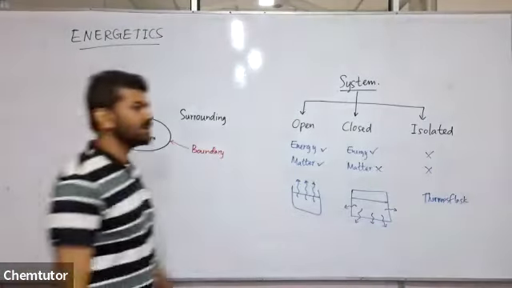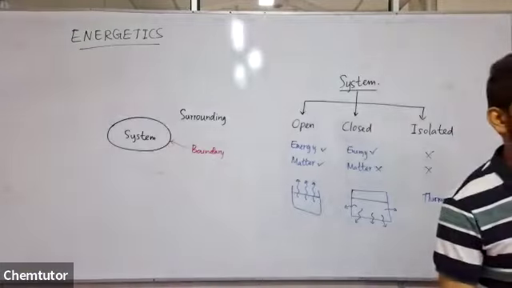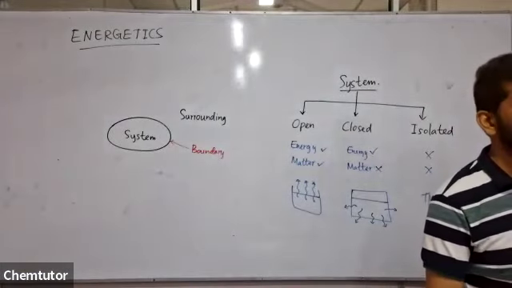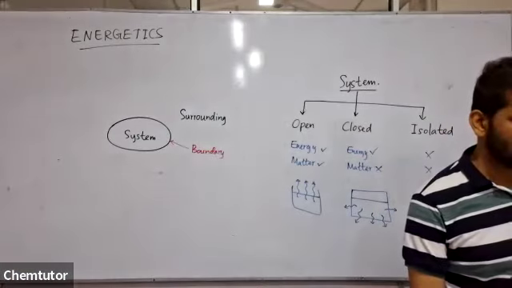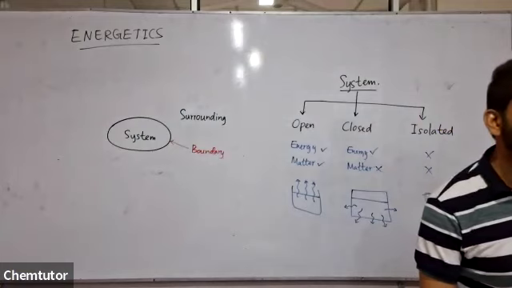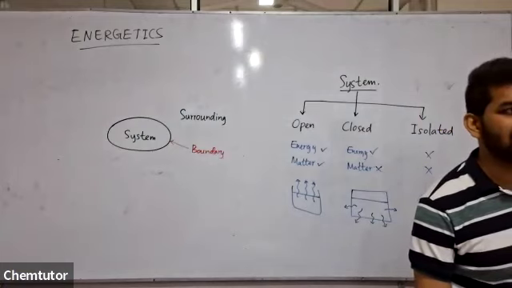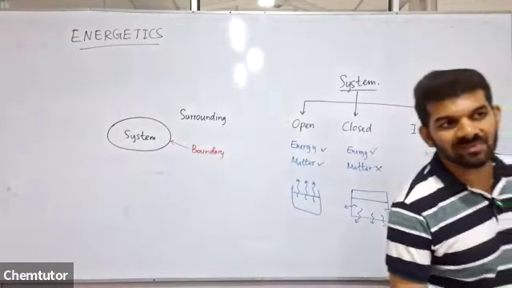To quantify that, we use a parameter called enthalpy. So enthalpy is not clearly energy. There's a difference between energy and enthalpy. So this is a parameter to quantify, and it is symbolized by a symbol. And there are 14 enthalpies we need to learn.